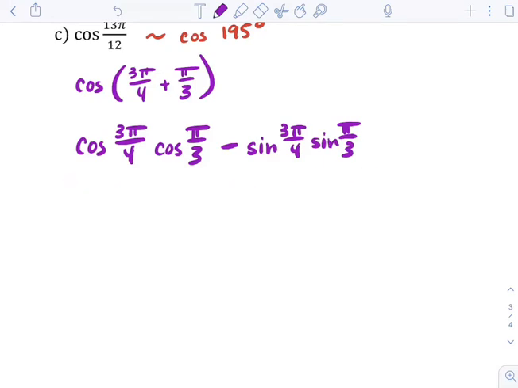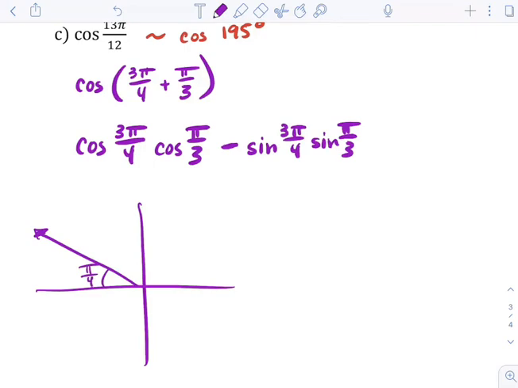So let's start with cos 3 pi over 4. I know that in this quadrant, 3 pi over 4 has a related acute angle of pi over 4. Cos 3 pi over 4 in this quadrant should be negative, because that's where sine's positive in the second quadrant.